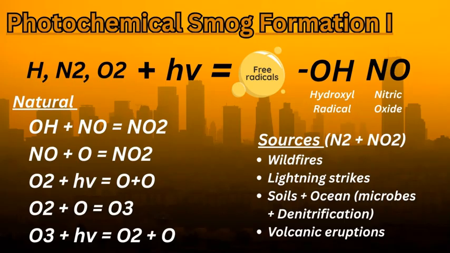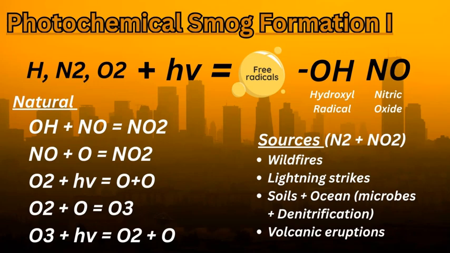For example, when you have sunlight hitting oxygen and nitrogen in the atmosphere and breaking them apart, you get a lot of free radicals. Two common free radicals that form from this reaction are the hydroxyl radical, OH, and the nitric oxide, NO.